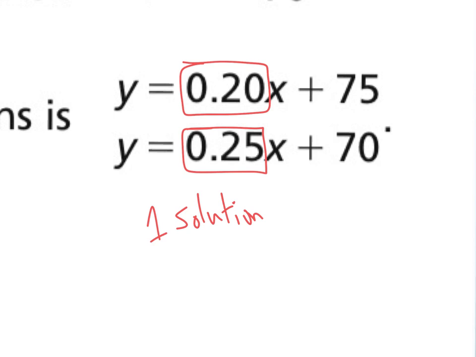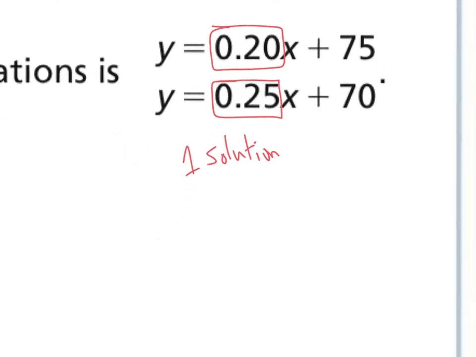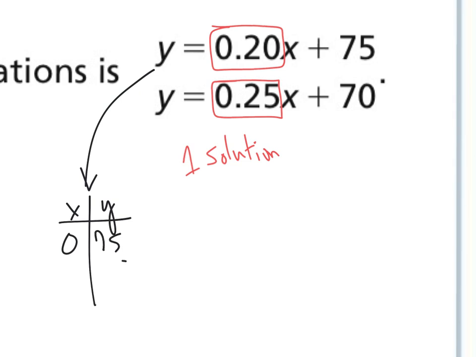If we were going to do it this way, probably what I would do is put in a 0 for x into this equation, and you get 75.